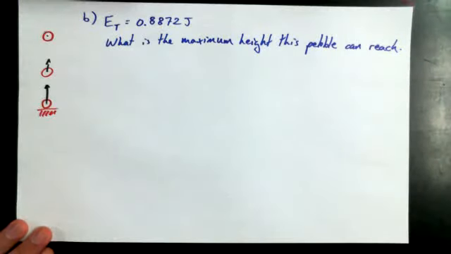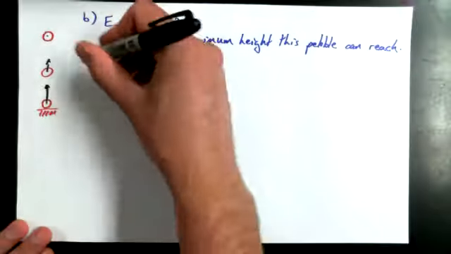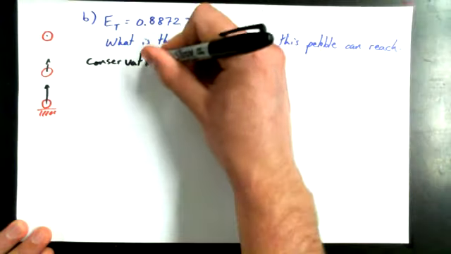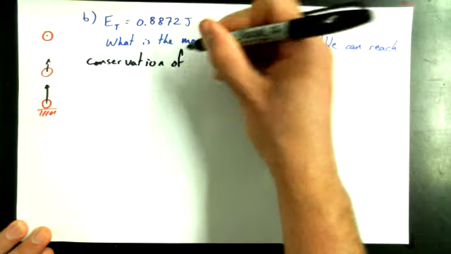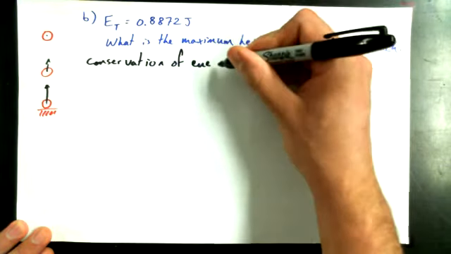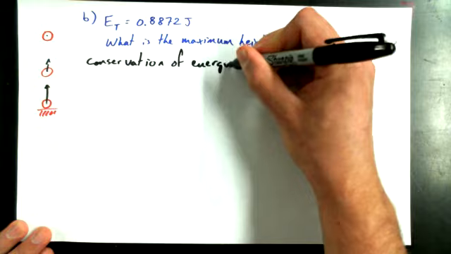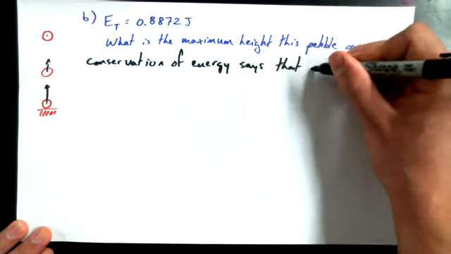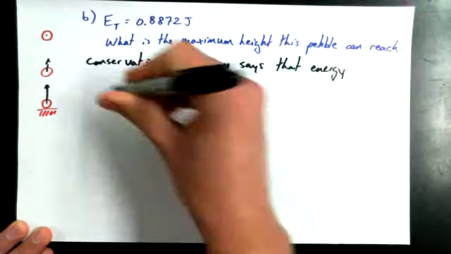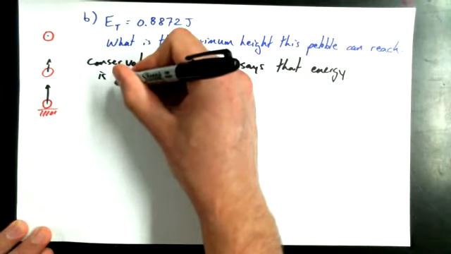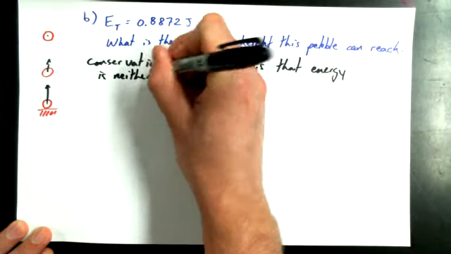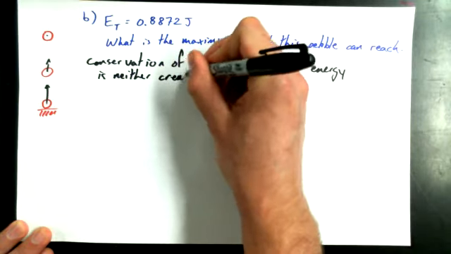But there's something that we've said before, and I'll say it again. Conservation of energy, or the law of conservation of energy, says that energy is neither created nor destroyed, it just changes form. Yeah?